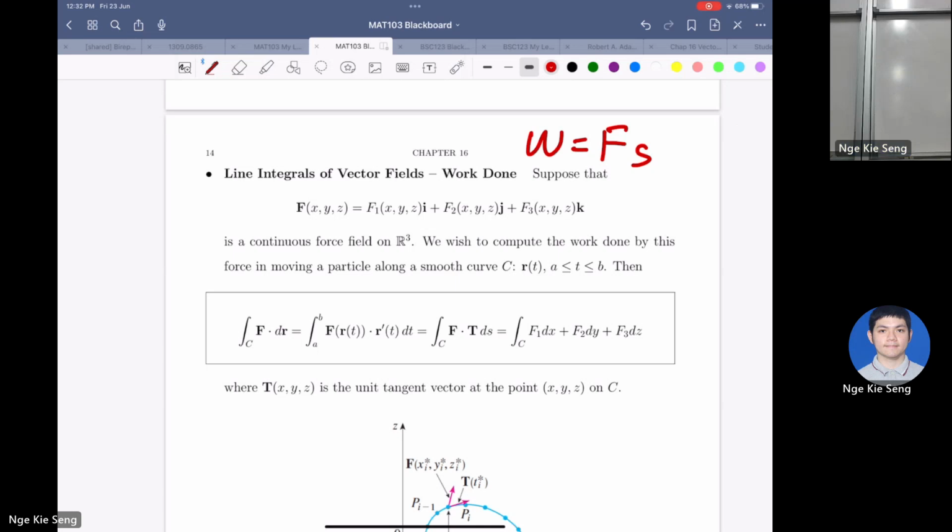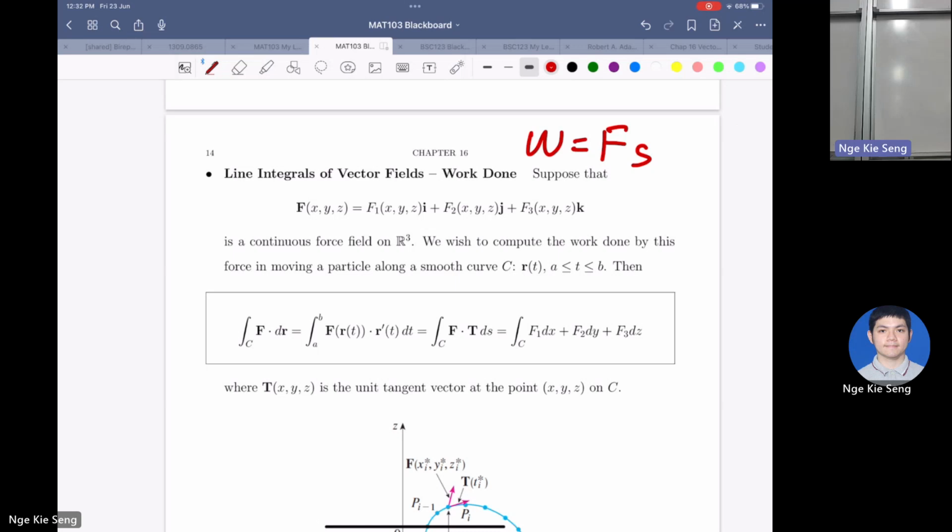F. What word? Anyone know? Futile? Yeah, futile. So you don't do futile work. Some people work very hard, but they don't seem to get anything. There's no work done here.